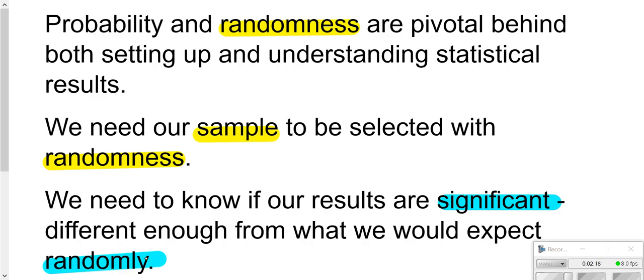Let's say that I was part of that trial, and several weeks into taking this medication, I'm like, my allergies seem better. Now, how much better? Is it better just because I'm indoors a lot? Is it better because the pollen count happens to be low? Is it different enough from what we would expect with random variation? That is our question. If the answer to that is yes, then our result is said to be statistically significant.